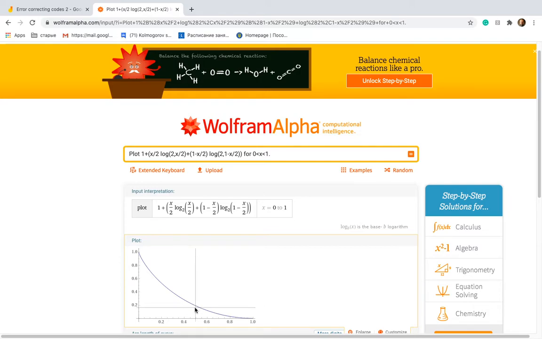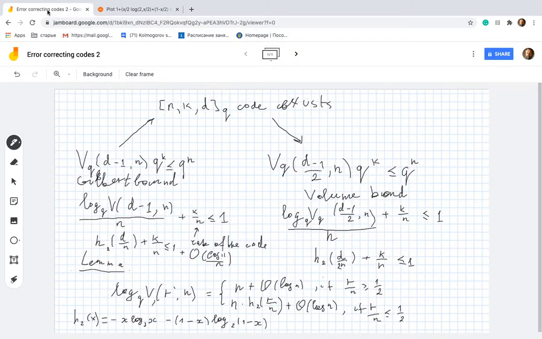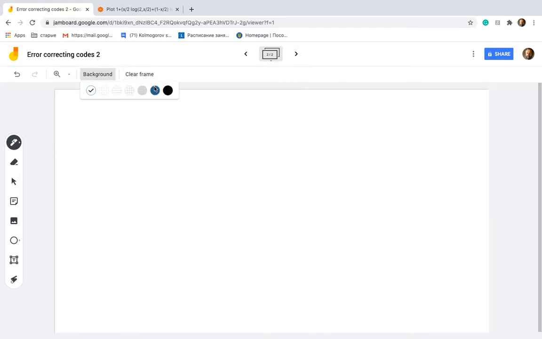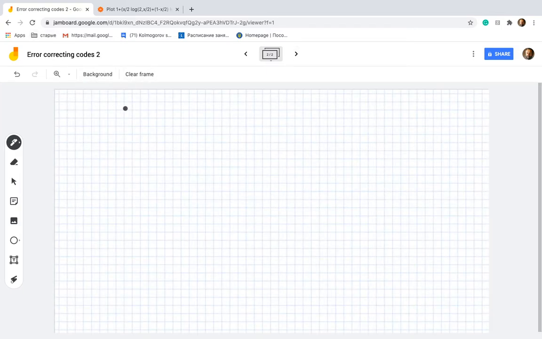And between two bounds, there is a large area where nobody knows. It's unknown, at least we do not know whether the code exists or not. Let's go back to the Jamboard and plot here our curves.